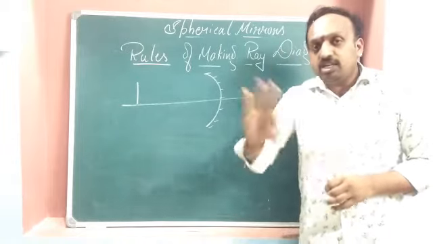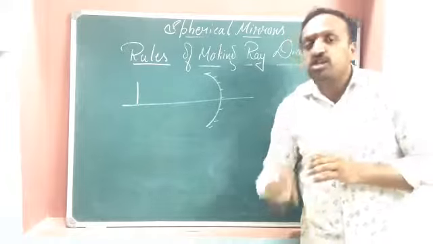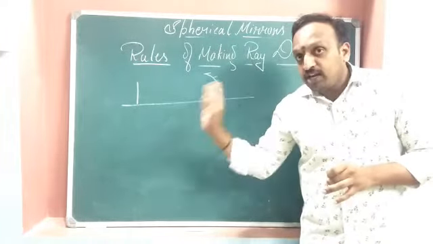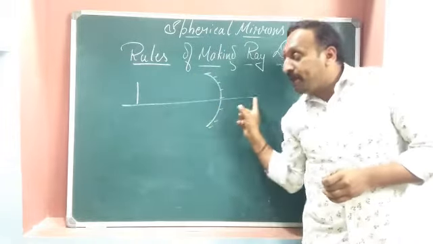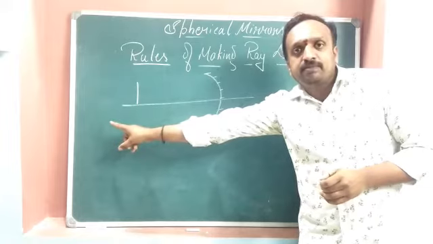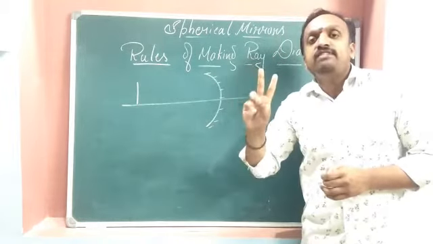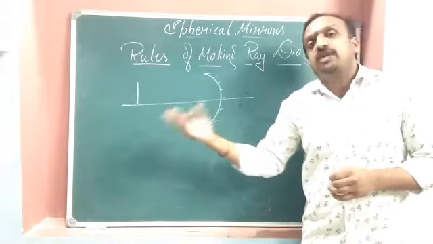So these are the 3 rules that we need to follow. I repeat, which are those? First one, the object must be placed in front of a mirror to the left side. Second one, the object must be placed on the principal axis. Third one, we are going to take 2 convenient rays to draw the formation of images.